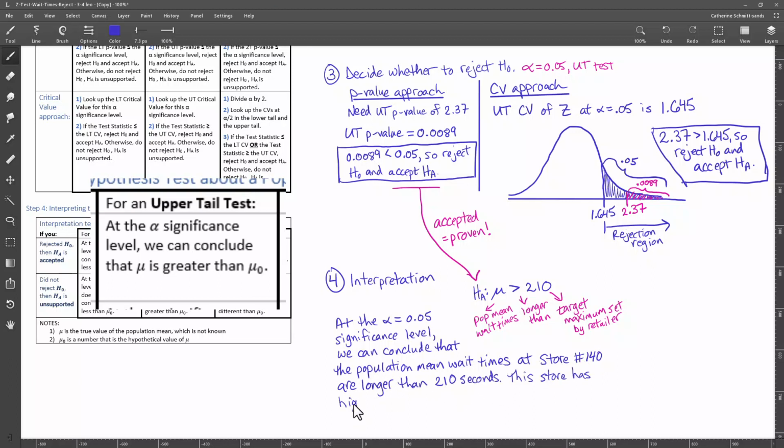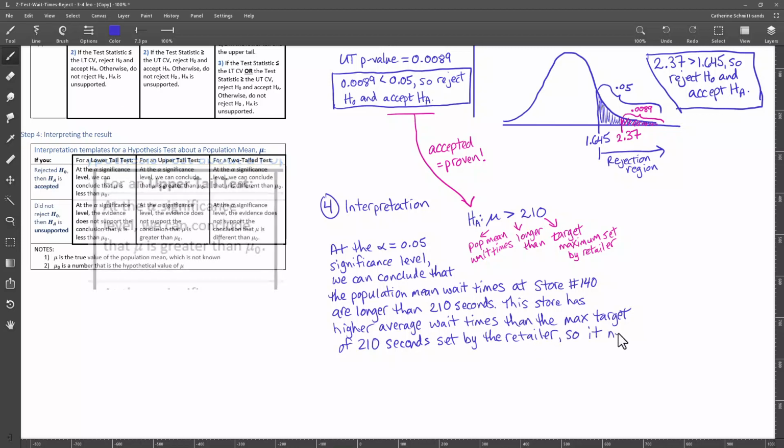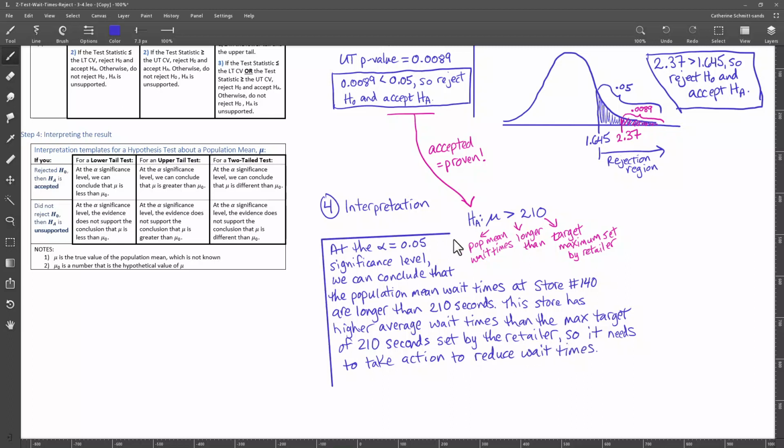So this store has higher average wait times than dictated by this policy maximum of 210 seconds set by the retailer. So it needs to take action to reduce its wait times to bring it below the target. And that is the solution to this problem.